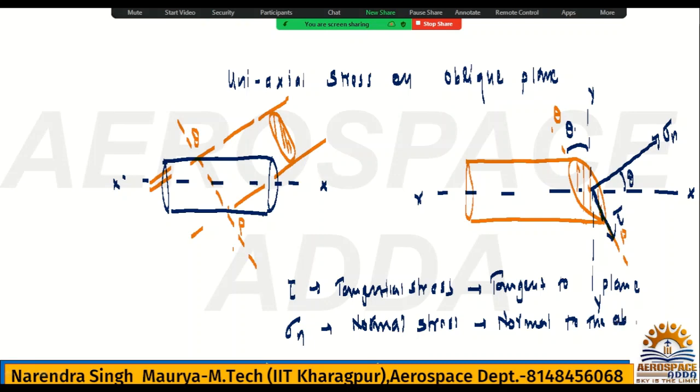Better you write oblique plane. Similarly, here also you can write tangent to the oblique plane. Okay, tau and sigma n.